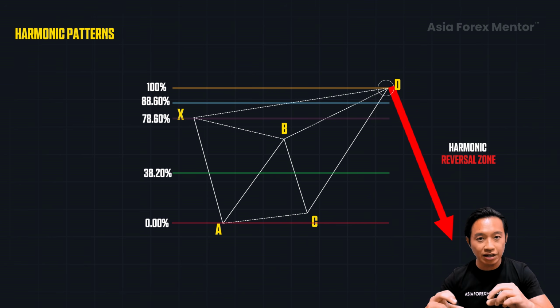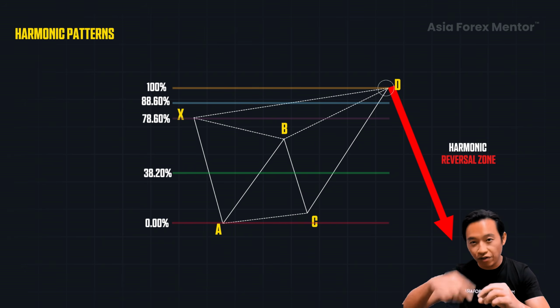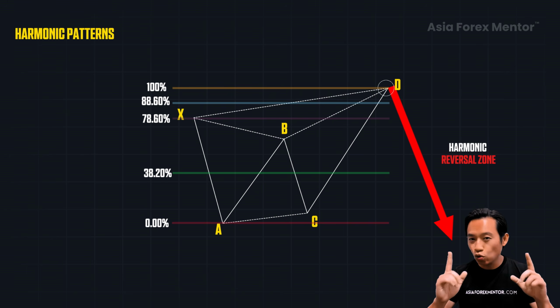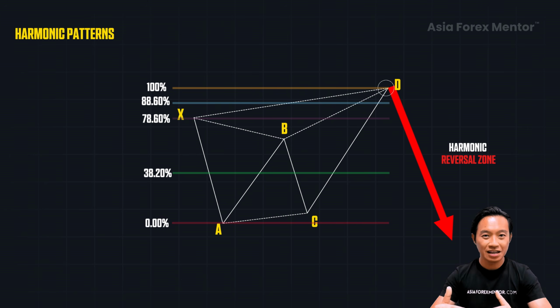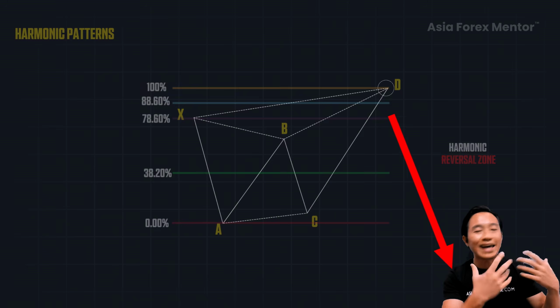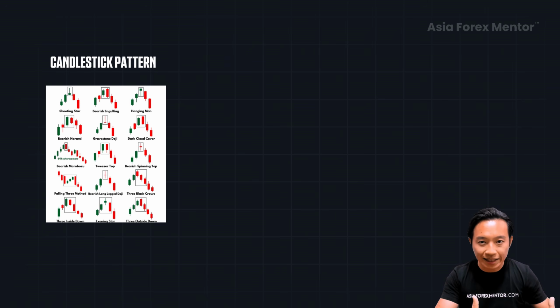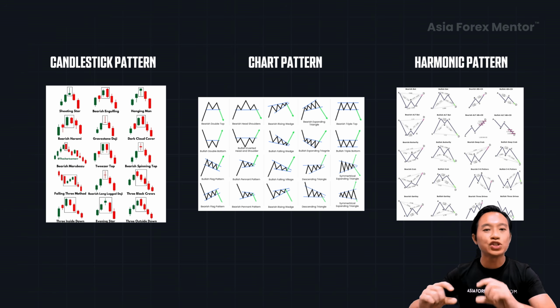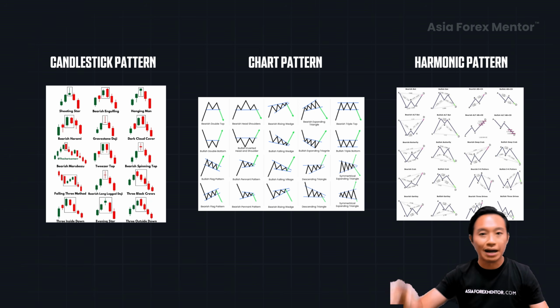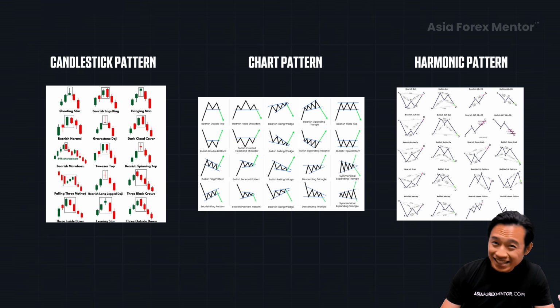That is the area where the likelihood of a reversal increases due to the convergence of multiple Fibonacci levels. Similar to candlestick patterns and chart patterns, harmonic patterns help traders identify potential turning points in the market itself. Obviously, this is important.